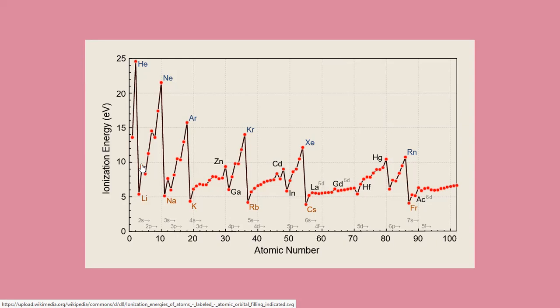So beryllium has 2s2 and nitrogen has 2p3. So these have half-filled and completely filled shells, so their ionization enthalpies will be high.